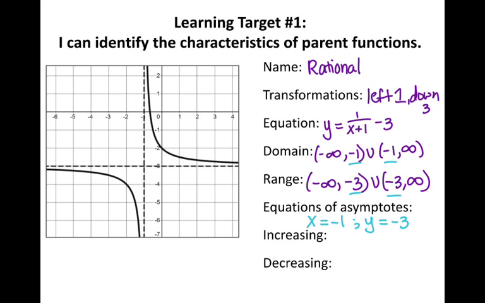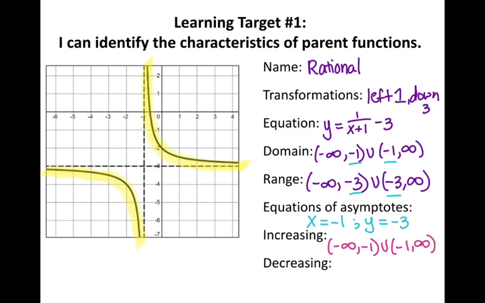Now for our intervals of increasing or decreasing, as I move from left to right, I'm decreasing because I'm going down. So that first interval goes from negative infinity to negative 1. And then going to my other piece, still moving from left to right, it is decreasing from negative 1 to infinity. Oh, that's all decreasing.